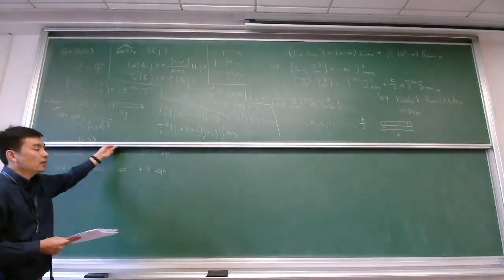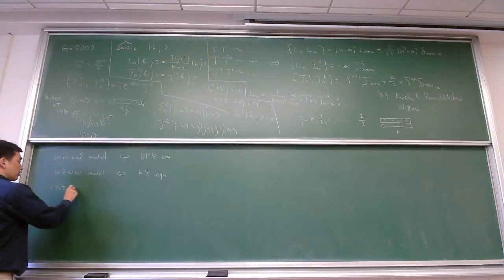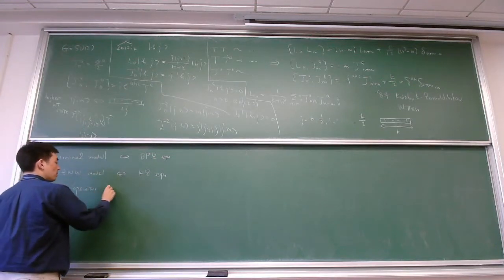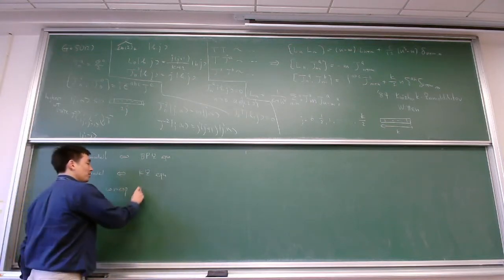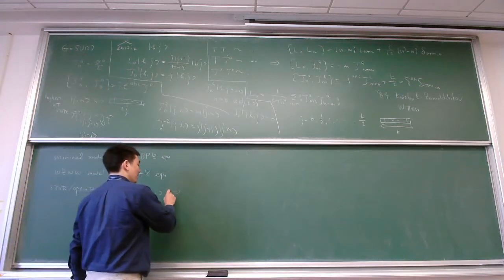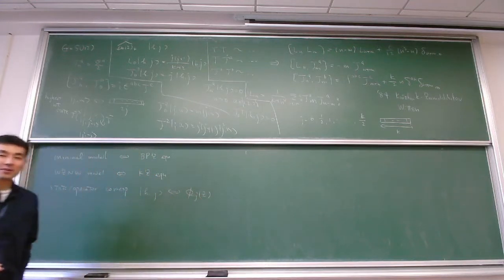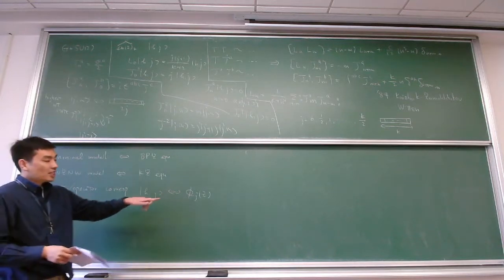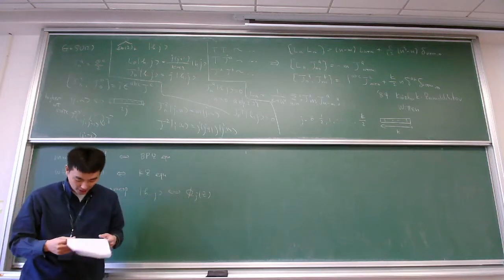In CFT, you have the state-operator correspondence. Therefore, if you have a highest weight state |h_j> for G equals SU(2), there must be a corresponding primary field, or operator, and we would like to see what correlation function this operator satisfies.